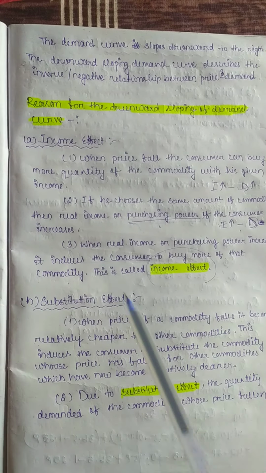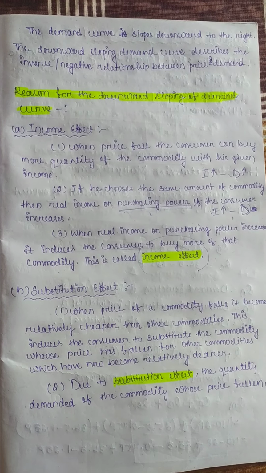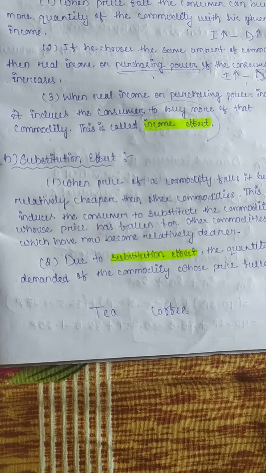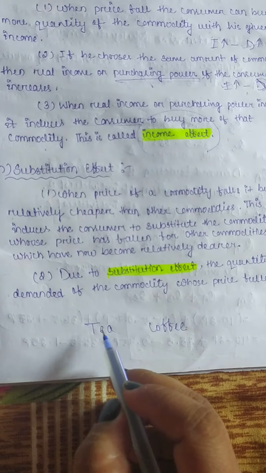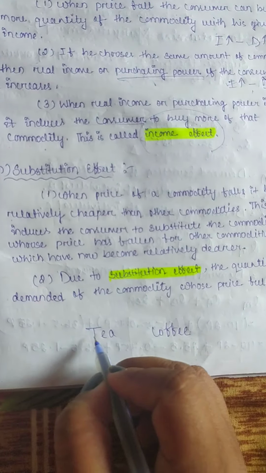Then the substitution effect. When the price of a commodity falls, other commodities become relatively costlier, so consumers shift to the substitute commodity. Suppose we take two commodities, tea and coffee. Tea and coffee are substitutes for each other. If we have tea, then we take tea.